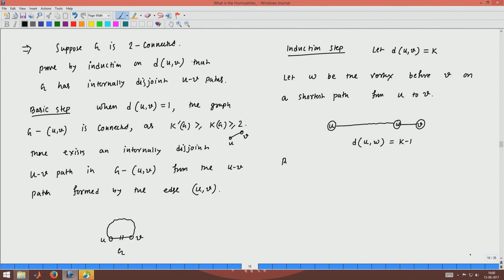Now, by the induction hypothesis, G has internally disjoint uw paths, because we have assumed that this is a proof by induction.